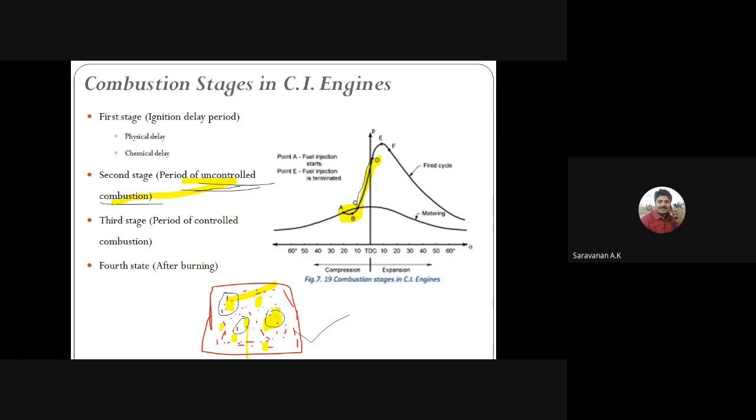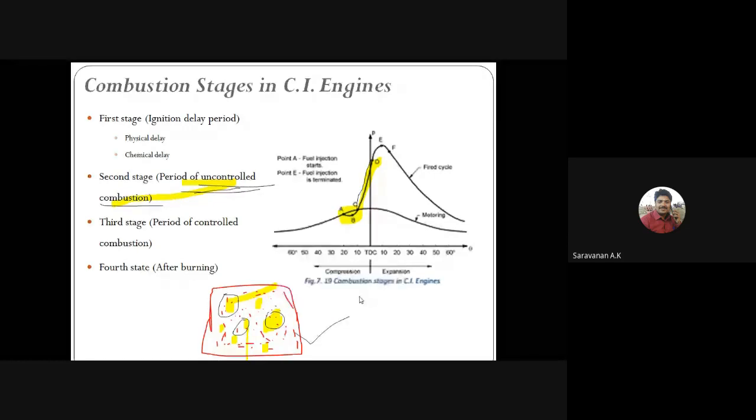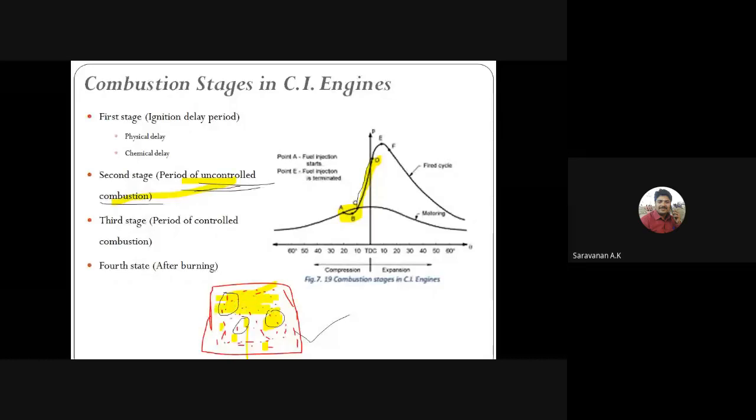How does it occur? Once all the flames have propagated, all the fuel will be burned. After that, the fuel injector sprays the fuel, and while spraying, the fuel burns itself.